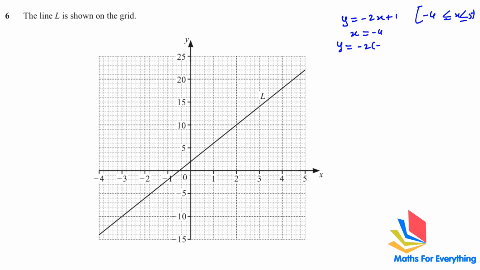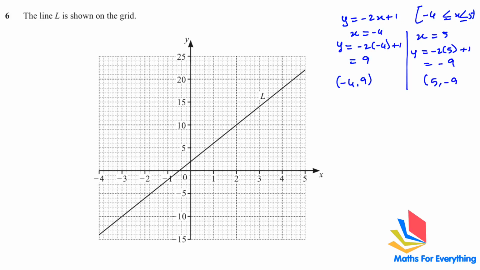In place of x, we put -4 and you will get 9. So the first point is -4 and 9. And then the second one, when x is equal to 5, y is equal to -2 multiplied by 5 plus 1, which is -9. So you have 5 and -9.